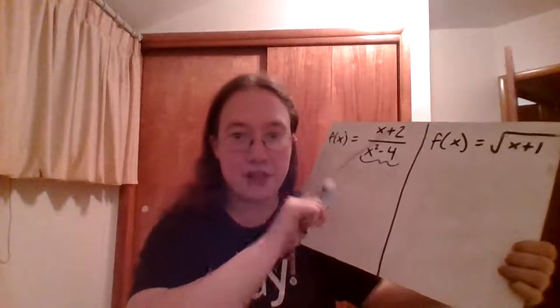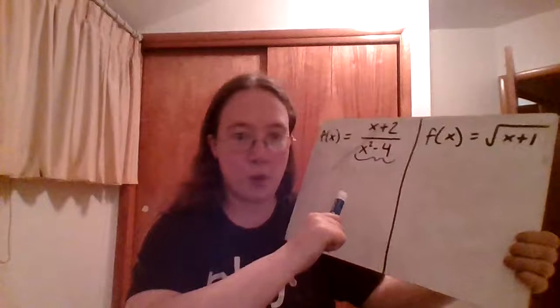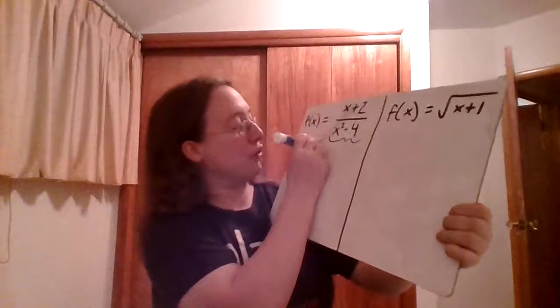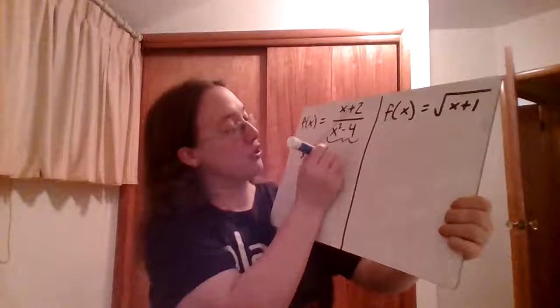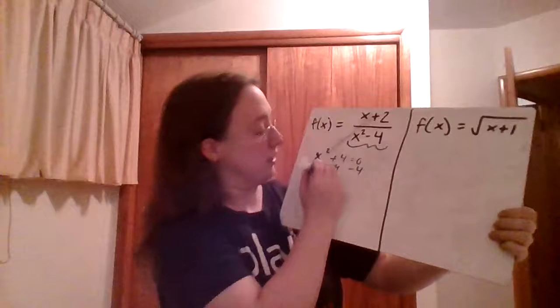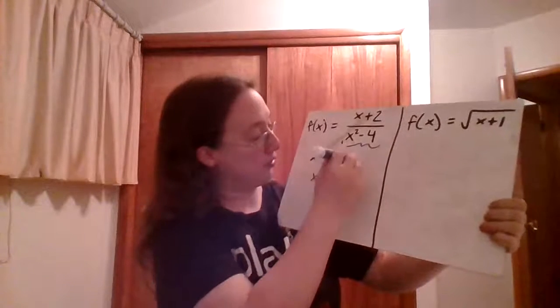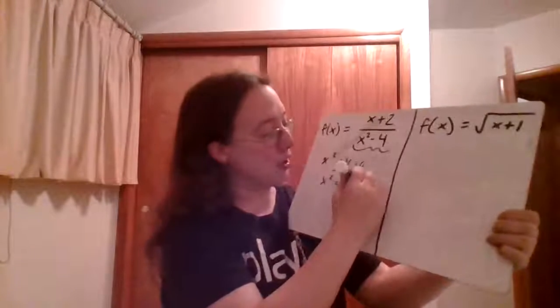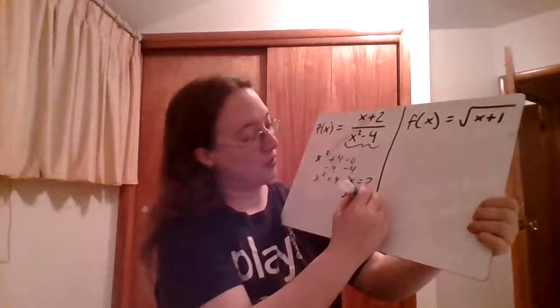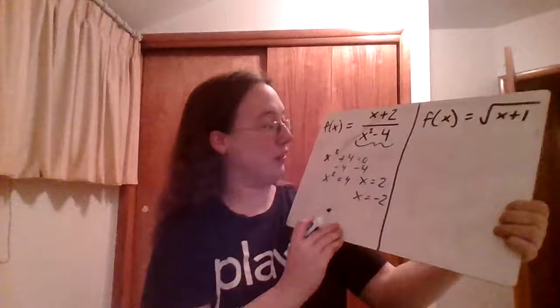If we've got fractions, they're probably coming from where the bottom of the fraction is 0. So if we're looking for where x squared plus 4 equals 0, we're going to subtract that 4. And we got x squared equals 4.